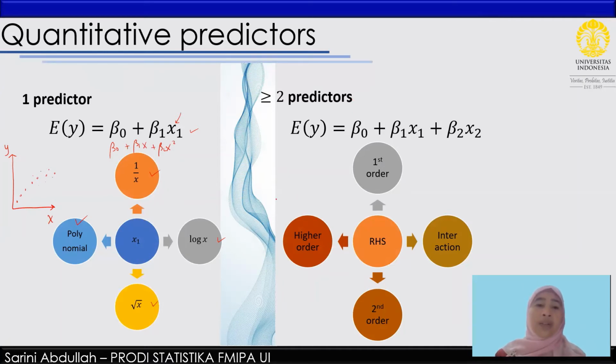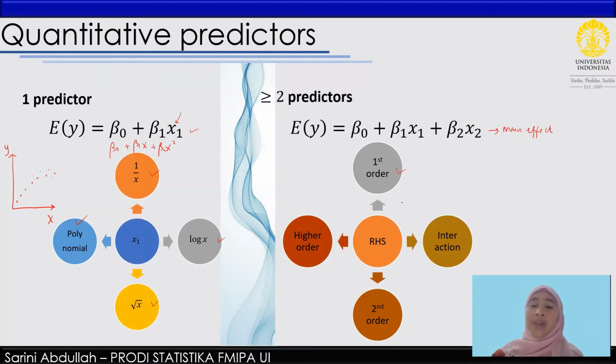in addition to determining the correct appropriate functional form of each of the predictors, we also need to consider whether we only need to include just a first order model. Here, this is the first order model. If it only has two predictors, it is also called the main effect model.